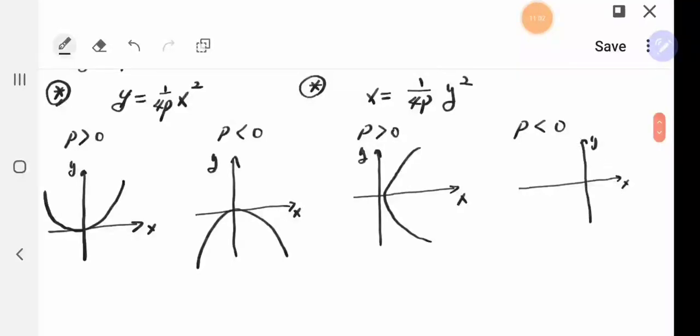So based on the sign of p, the graph opens upward, downward, right, or left. It depends on the function y equals x squared and the inverse function x equals y squared.